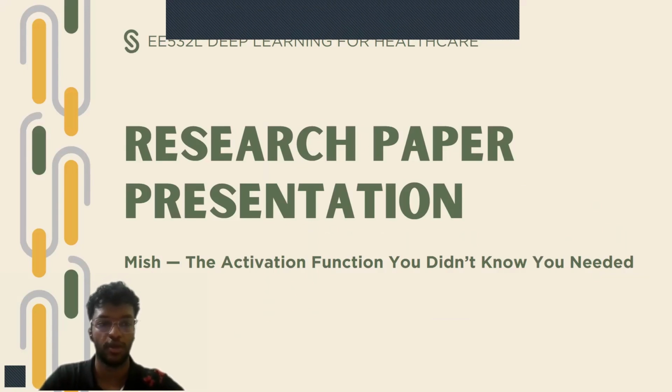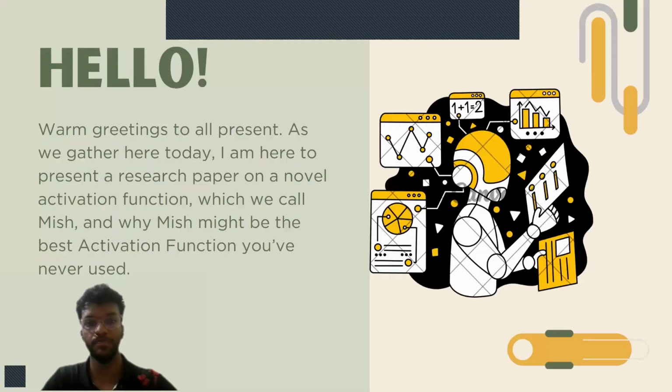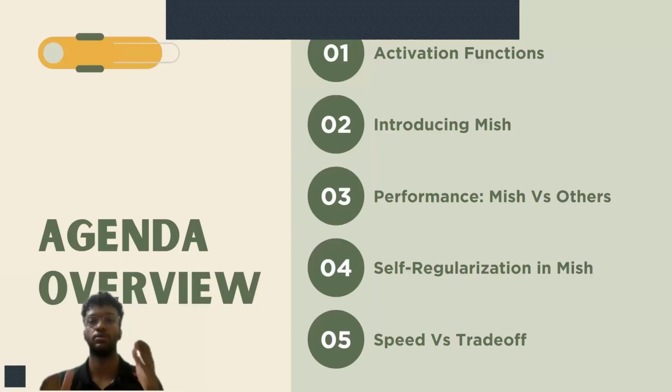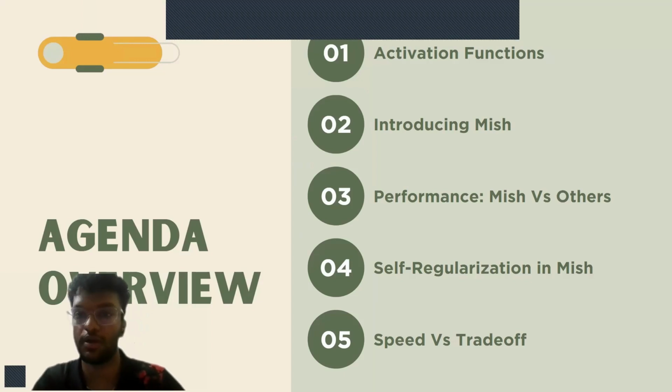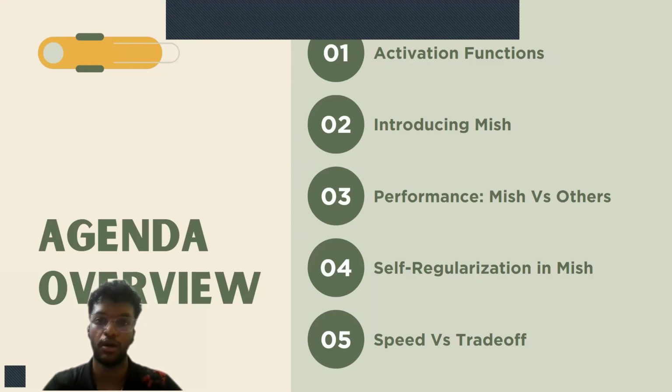Okay, so let's dive into it. Some of the things that we're going to look at today include the basic introduction of activation functions, how Mish is different from the other activation functions, and some of the characteristics of the Mish activation function.